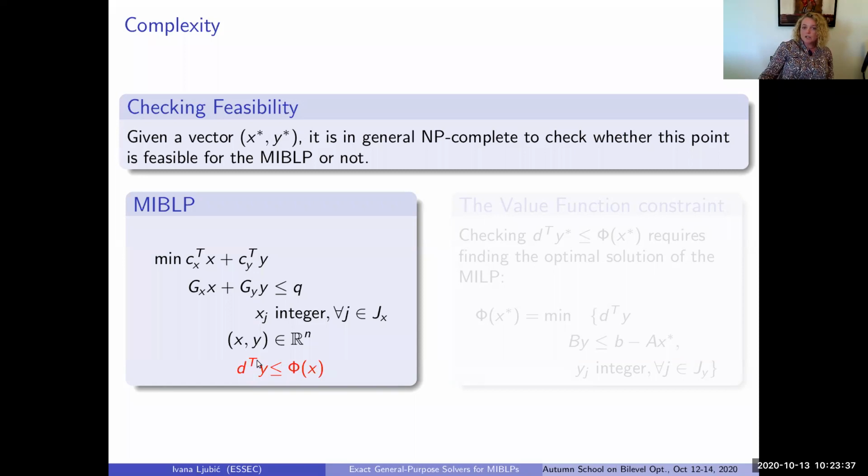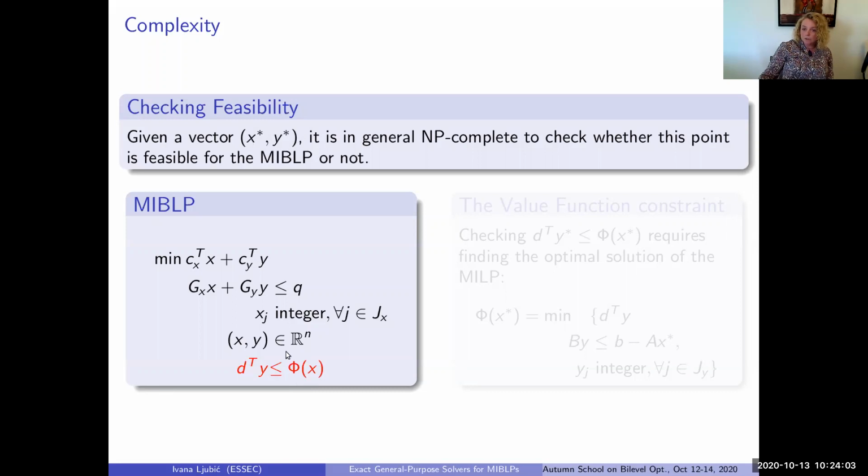So how can I check whether this point is feasible or not? If I ignore the value function constraint, it will be enough just to plug in the values, and this can be done in polynomial time if I'm given a compact model. However, I have the difficulty that I also have to check whether y star is the optimal response for the follower.